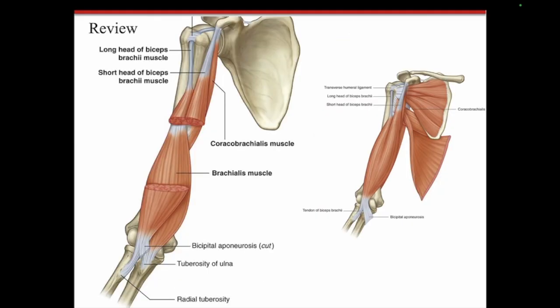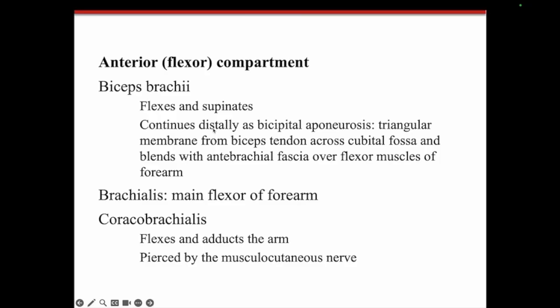Okay, so you have these three muscles. Here is actually a better view of the coracobrachialis. Again, keep this in mind. To summarize, you have three muscles: two muscles that cross or attach below the elbow, so they act on the forearm, and one muscle that acts on the shoulder, so on the arm.